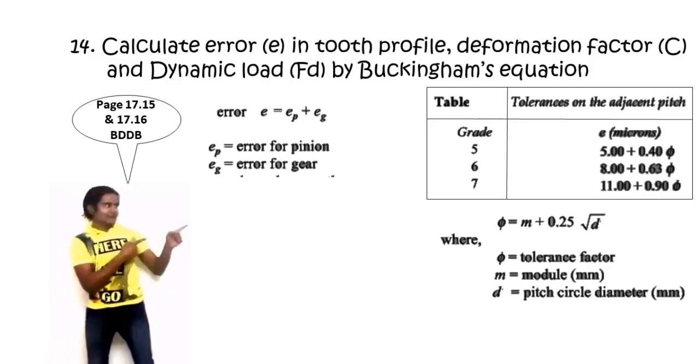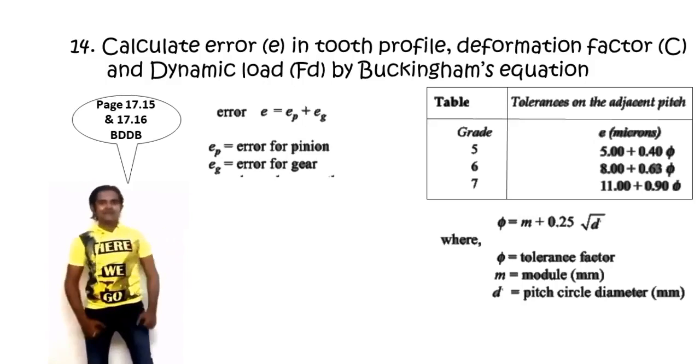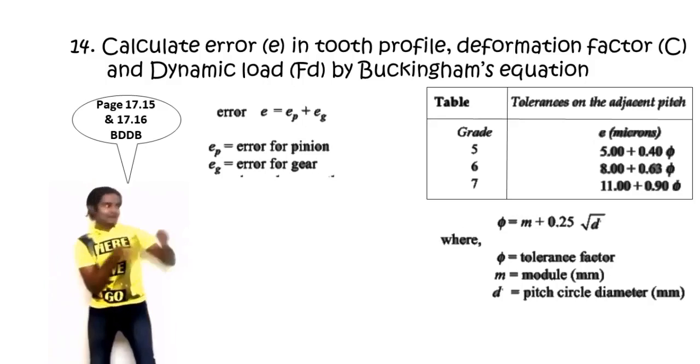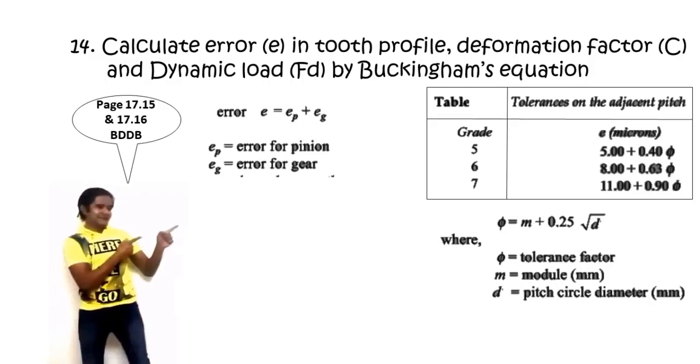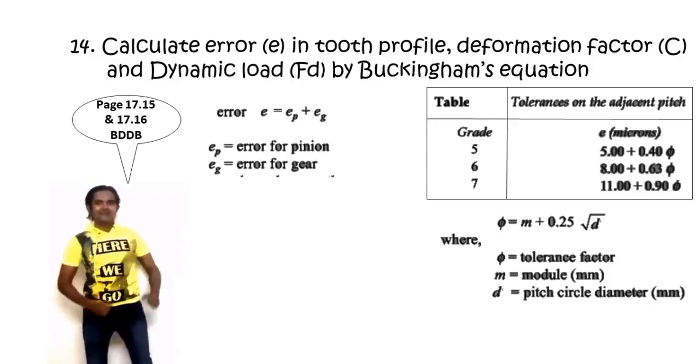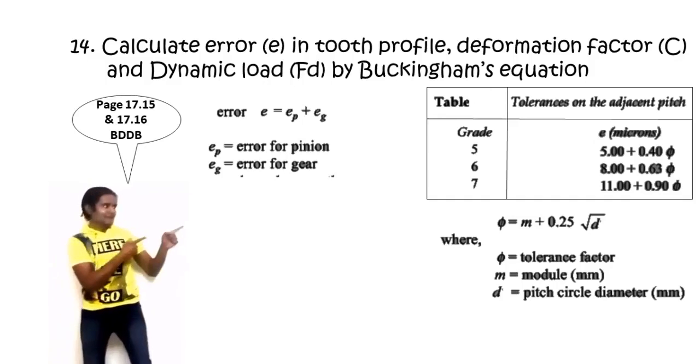They would have mentioned that the gears are manufactured by grade 6, grade 7, grade 8, grade 9. Then if it is given by grade 7, then you can see in the table in front of grade 7 it is 11.00 plus 0.905. So you can find out the formula of E as 11.00 plus 0.90, and phi you already have calculated.